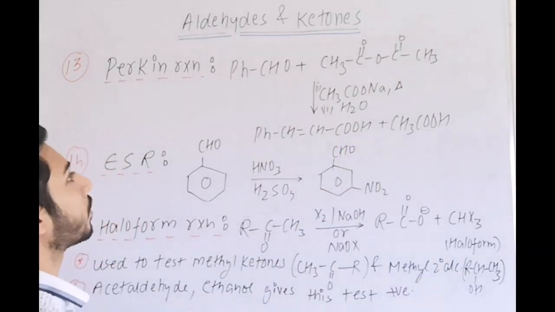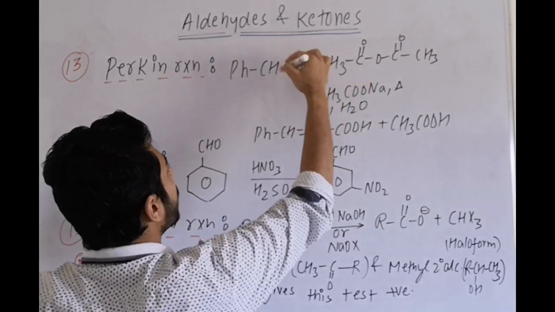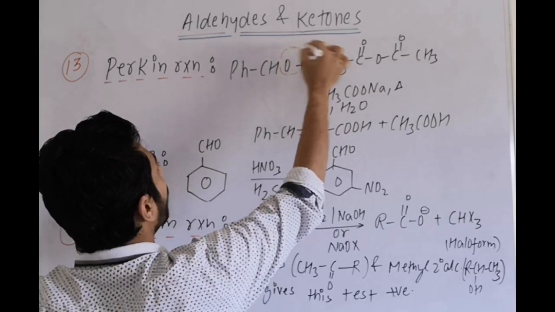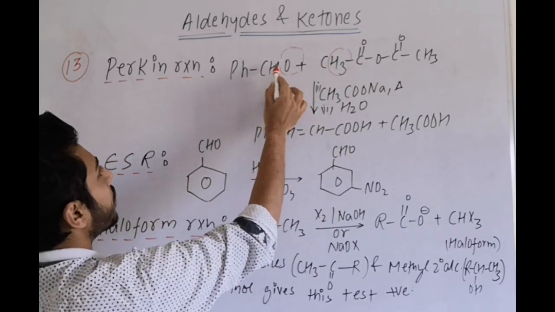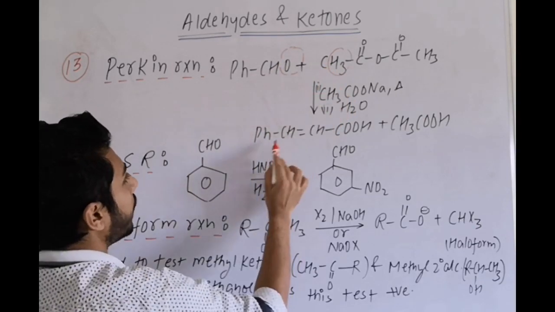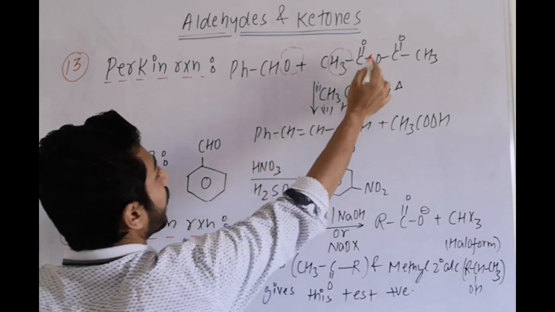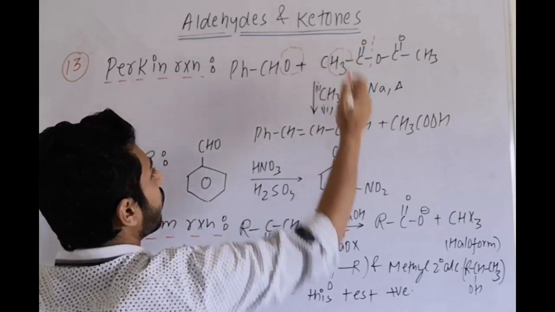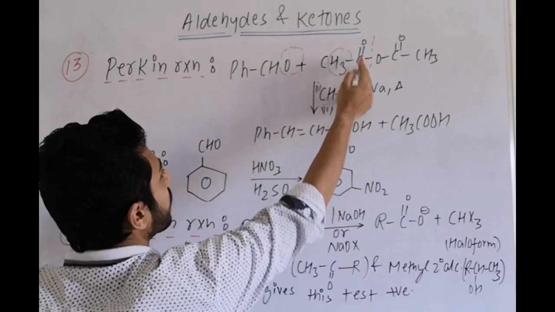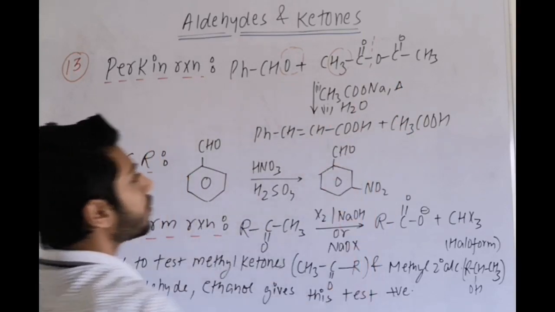Then if you remember, for such compounds we remove H2O, like this double bond O and CH2 will leave, it forms PhCH double bond CH. This part will cleave like this, and after hydrolysis will give carboxylic acid, PhCH=CH-COOH and CH3COOH.